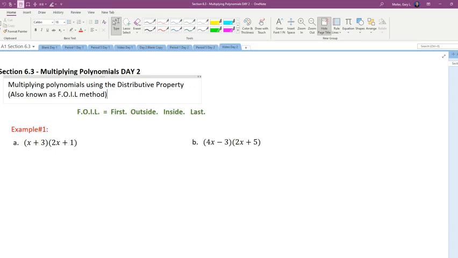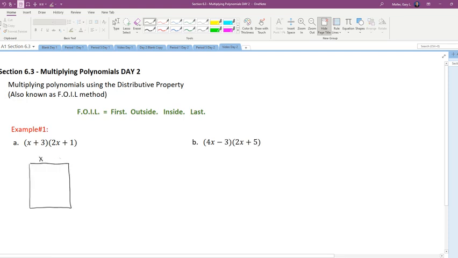So to get started, let's go ahead and do the area model on the first one, okay? So let me draw out my model. And we're going to say this is x and this is 3. And then we're going to say this is 2x and this is 1. Okay.